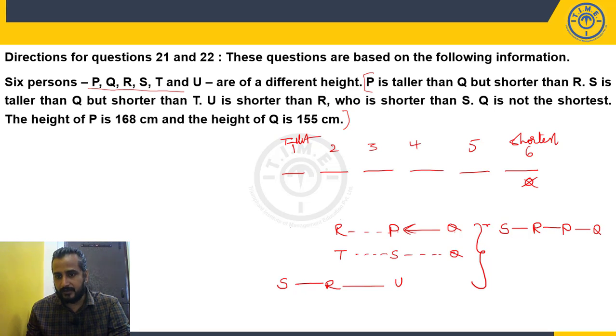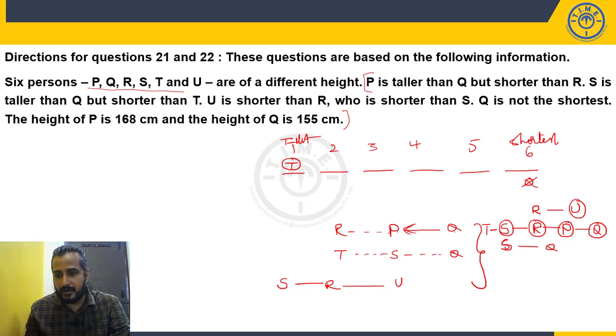And S will be after somewhere T, and after S will be Q, right? And after R will be U somewhere. Have you observed the points? It means after T how many are required? 1, 2, 3, 4, 5 are required, which is nothing but T is the tallest, right?